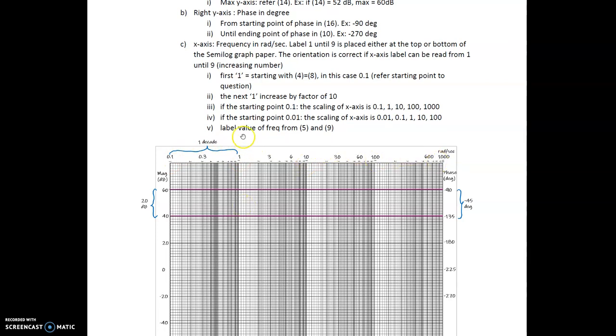That's it. This is if you start at the starting point 0.1, so the scaling of the x-axis is this one for each label of 1 on the x-axis. If you start with 0.01, the scaling of the axis is this one for each 1 in the x-axis label. And then you should label the frequency from 5 and 9.